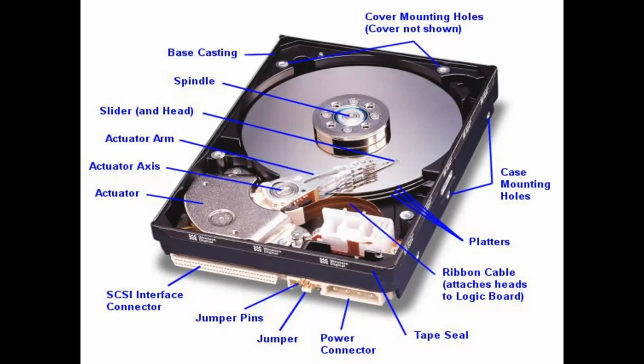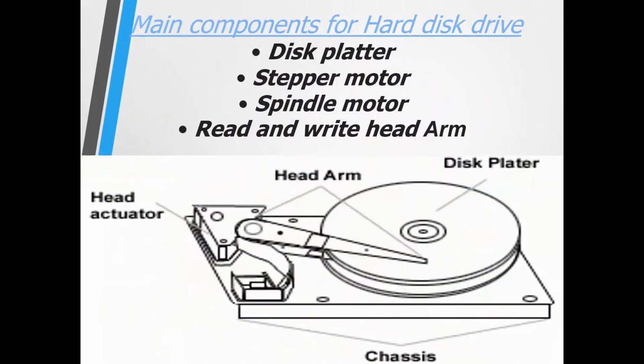Where are the PATA cables? Where is the SCSI interface connector? What about the jumpers, power connectors, the tape sealers? You need to know where the actuator arms, the actuator axis, and the actuators are. These are the ones that help us do the actual reading of data stored in these small magnetic sheets within our platters.